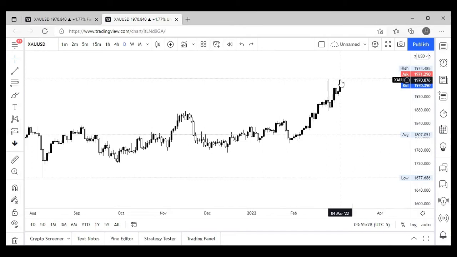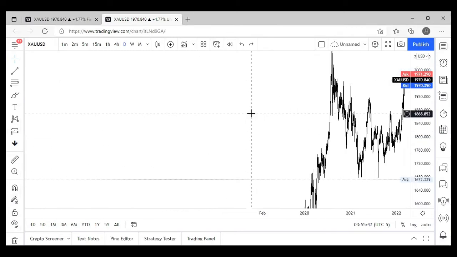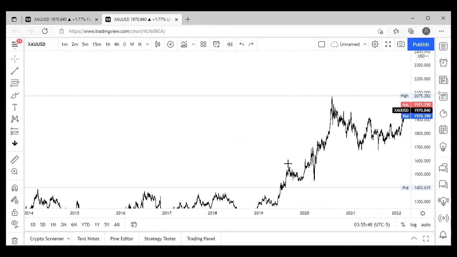Now right here on the right, we have the price lines. We see where price closed up here at 1970.840. It's where the price closed. As I hover over it, I can see price climbing high, pushing up, and the very high was at 1974.485. When I zoom out, I see more of the chart.